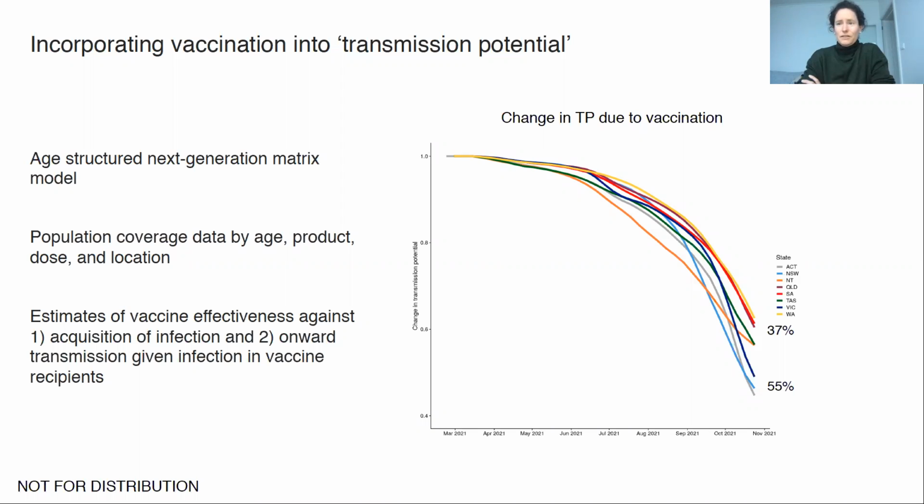This was last week, and in one of the high states, we're estimating a 55% reduction in transmission potential, and the state that's rolled out the least is Western Australia, where it's a 37% reduction.